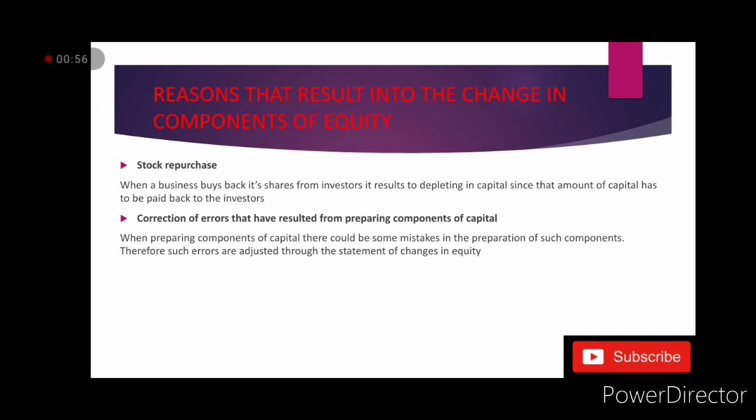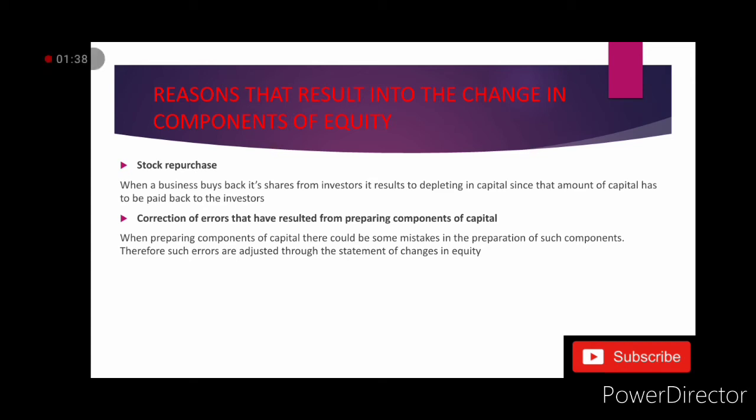So a business would purchase back its shares, or purchase back stock, so that it can have an increased ownership in the business, which means that as far as decision making or voting is concerned, the business itself will have a significant amount of influence and ownership, therefore having very influential decision making upon everything related to the business. So the business will be in a better stance to make decisions as compared to other investors.